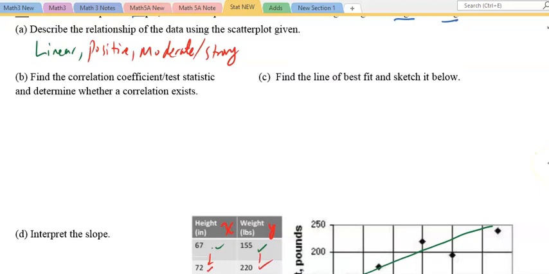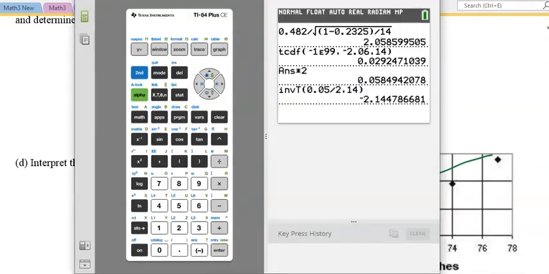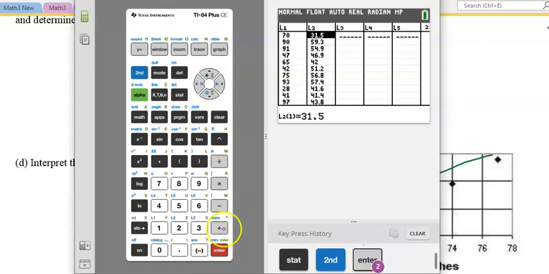Depending on our last homework, find the correlation coefficient, the test statistic, and determine whether a correlation exists. Well, let's see how this is going to work. We're going to input the data, so we're going to go to stat, edit.